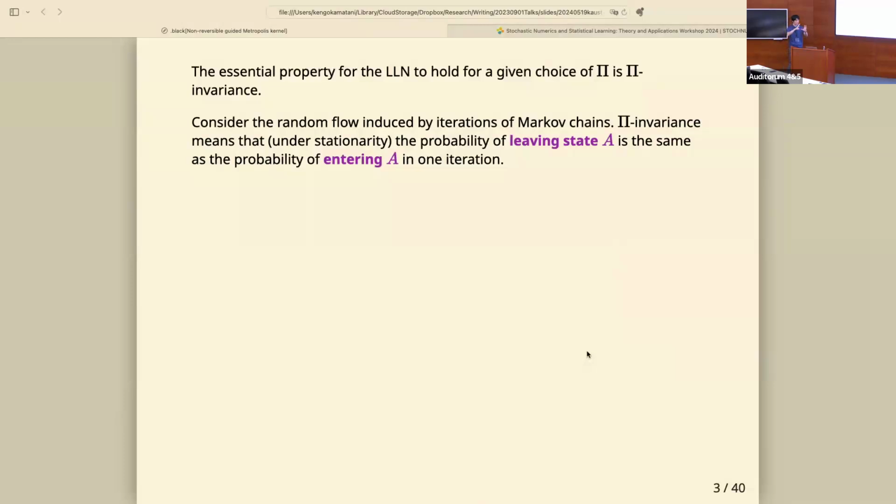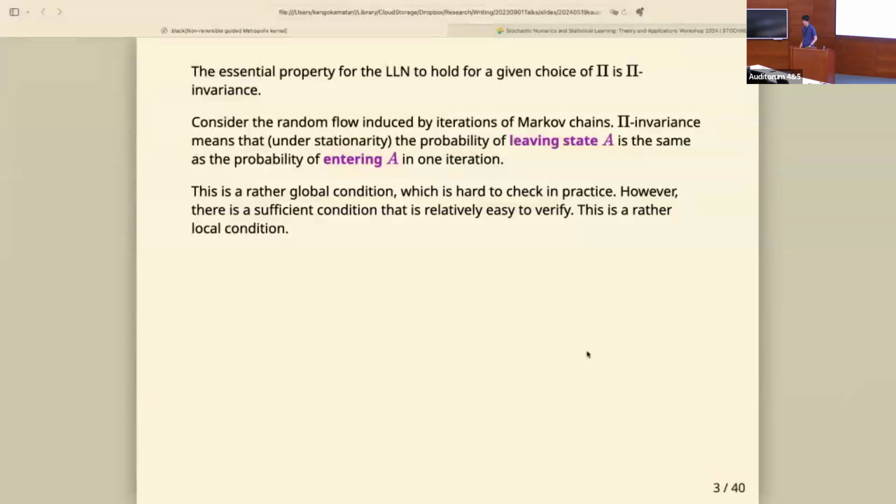For any subset A, the probability of leaving A is the same as that of entering A. Under this property there is a balance, and the probability of A does not change through the iteration. So this is π-invariance, and under this condition MCMC has a nice property.